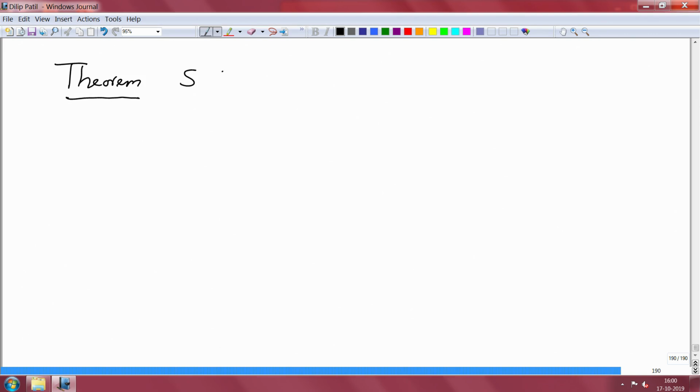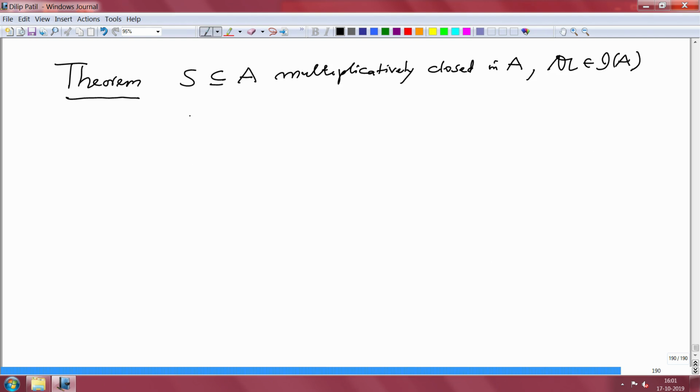So, S is a multiplicatively closed set in A. Okay, the first statement is, and Gothic A is an ideal. A belongs to IA. And we have this map A to S inverse A, and this I will simply denote iota. So, part 1.